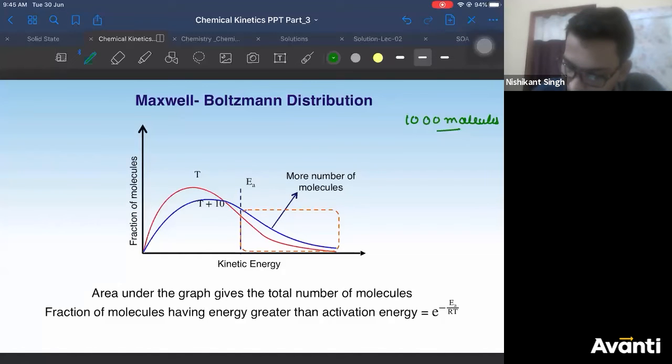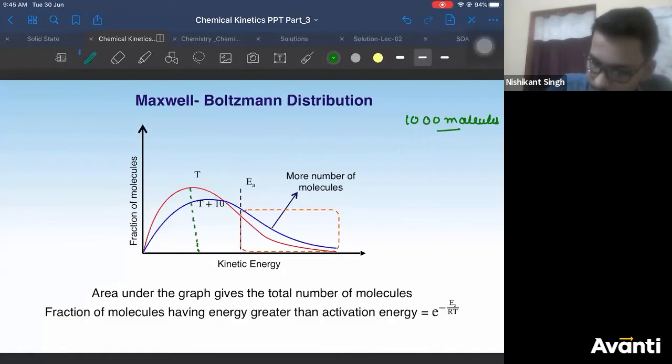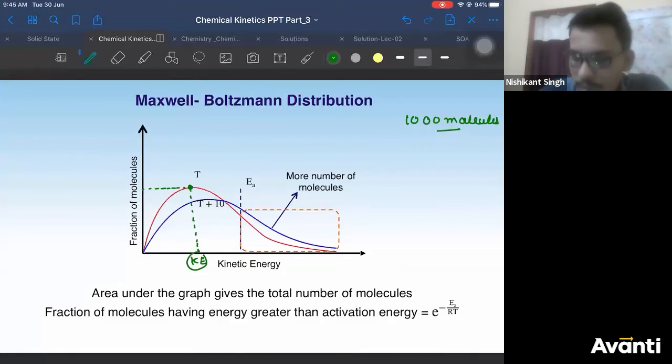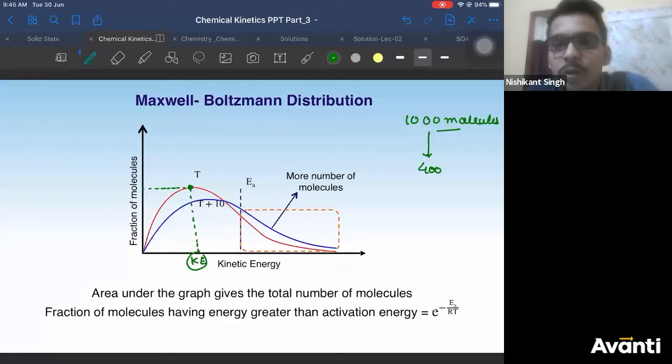So now this value is the kinetic energy possessed by the maximum fraction of molecules, right? So let us say that fraction of molecules is 400. Only out of 1,000, only 400 molecules have this kinetic energy, correct?